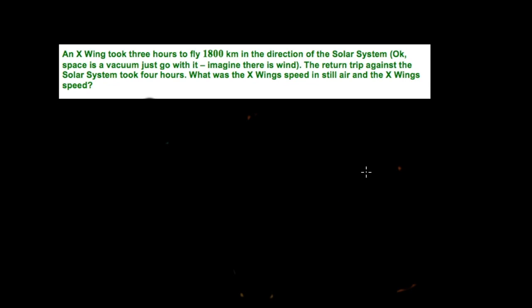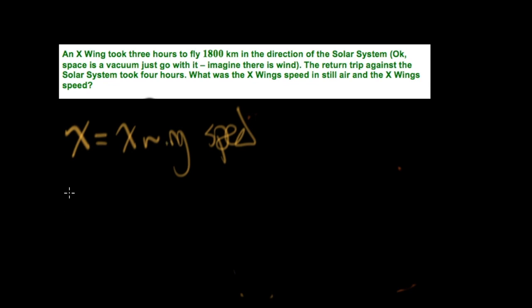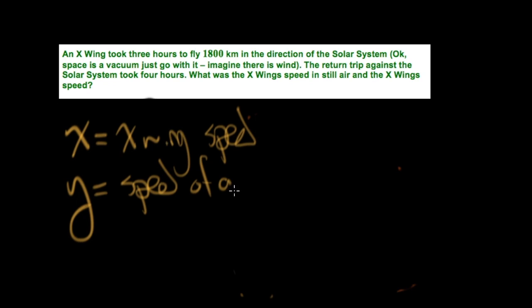Think about what's happening with your distance, speed, and time. So I'm going to make x equal the X-Wing speed, and I'll make y be the speed of the air. So those two things, that's where we're going to be going.